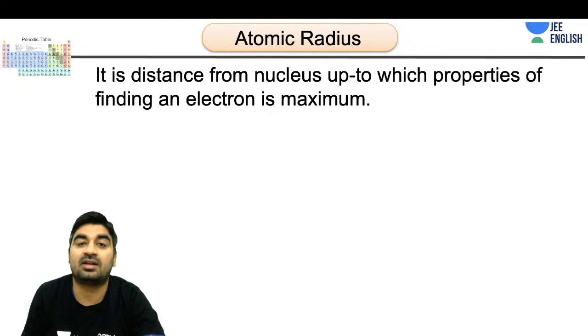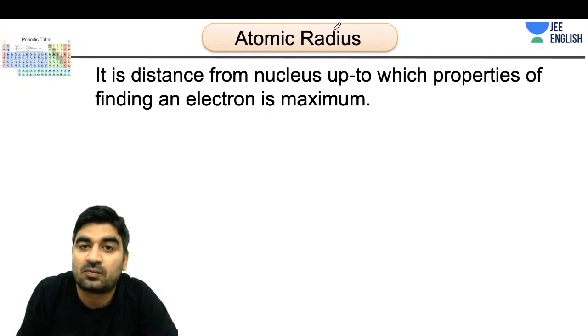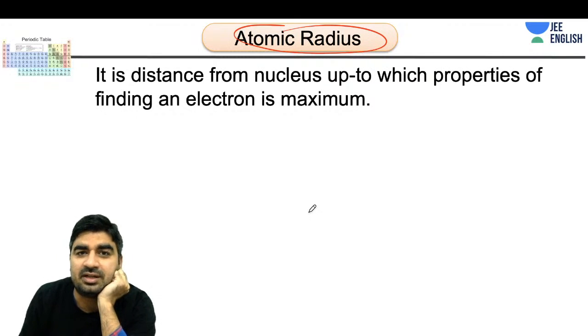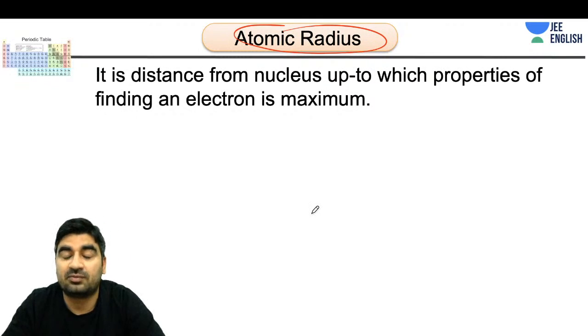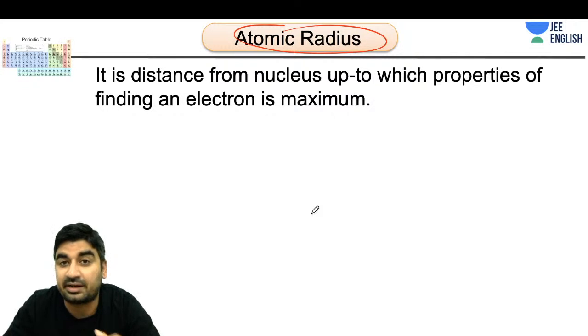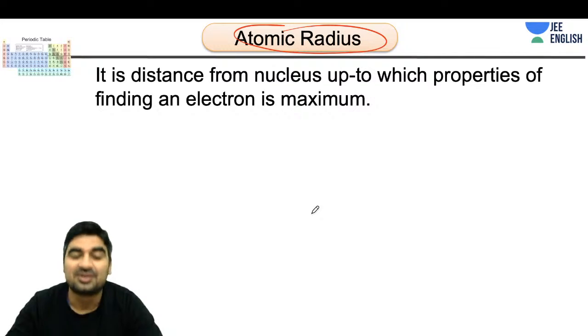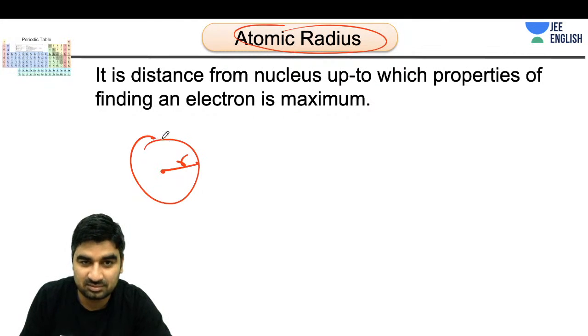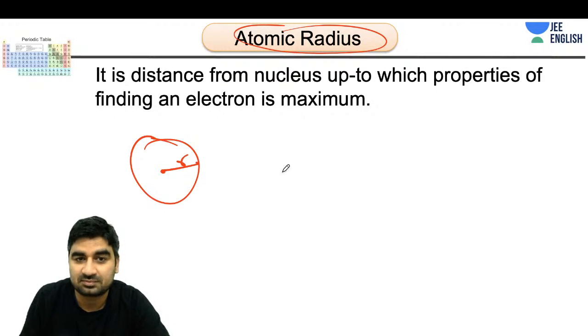So when we are starting atomic radius, first of all, what do you mean by atomic radius? The radius of an atom is not like a lemon. A lemon has a well-defined boundary, and you can say this is the radius of the lemon.